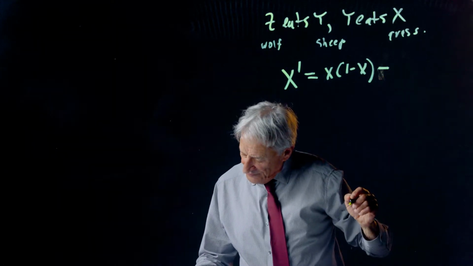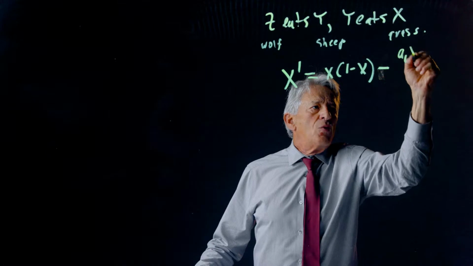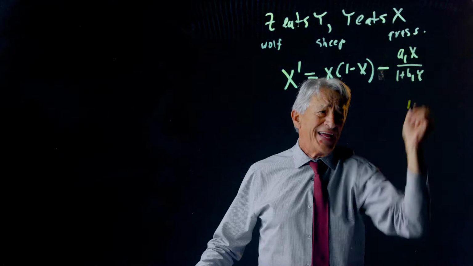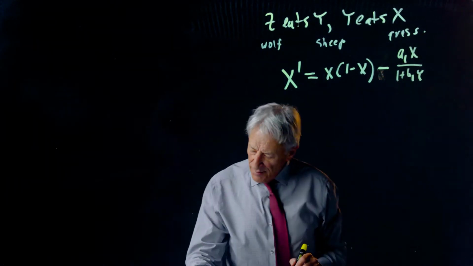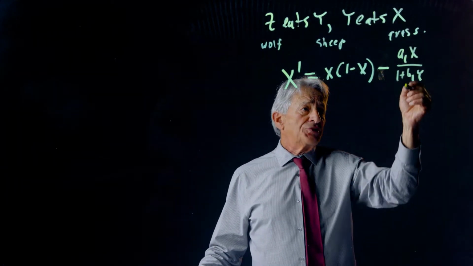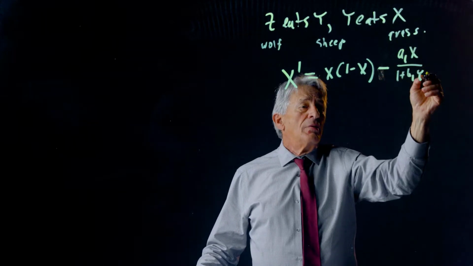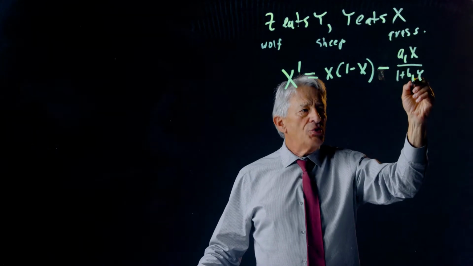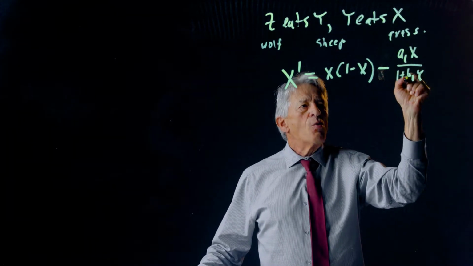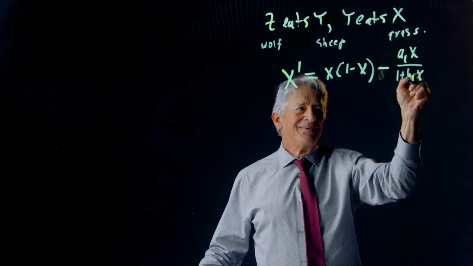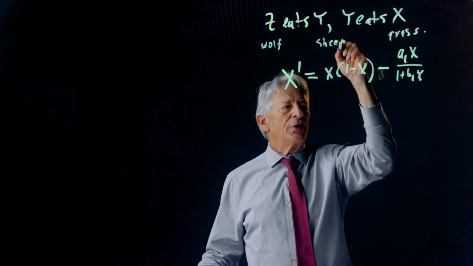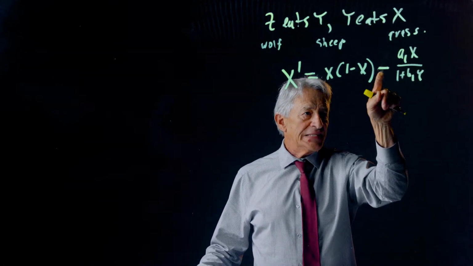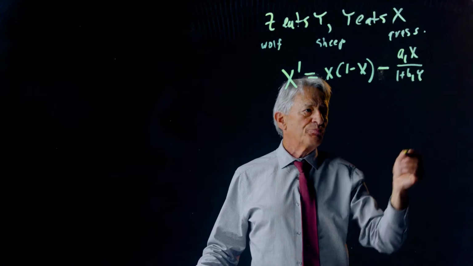And we chose the form A1x over 1 plus B1y. And that means that the more X, the more can be eaten, and also the more Y there is going to be a crowding term that is going to prevent complete saturation.